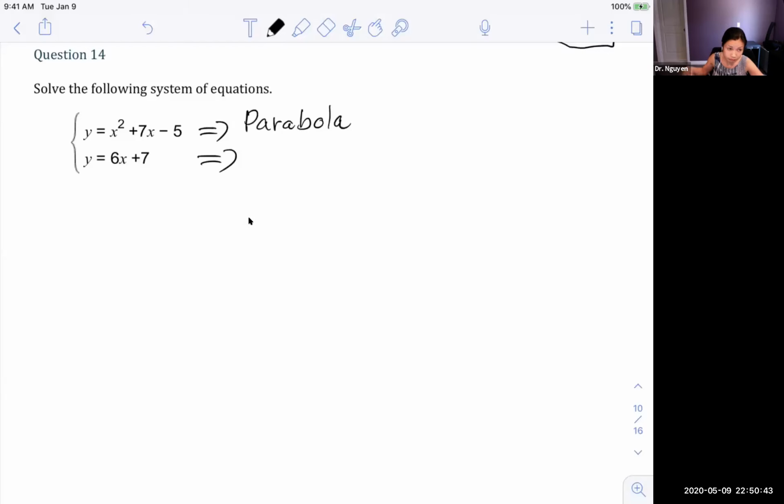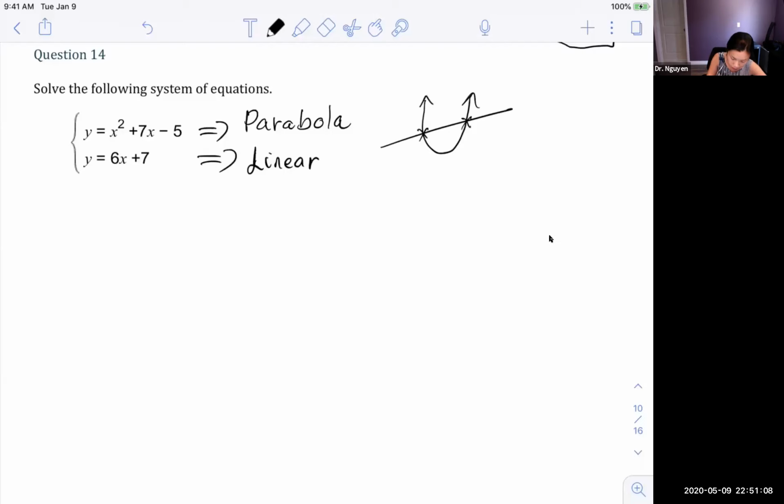A parabola, you have something like this, and this is linear. So you might have one solution, or you might have two solutions like this. So it's better if you can visualize the graph at first.